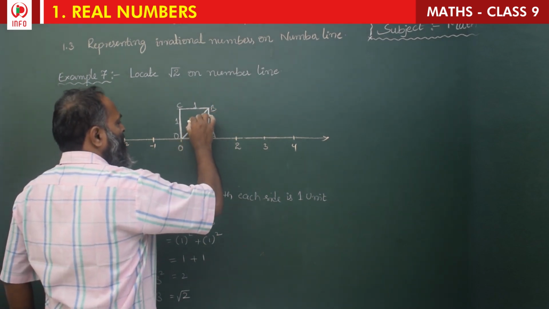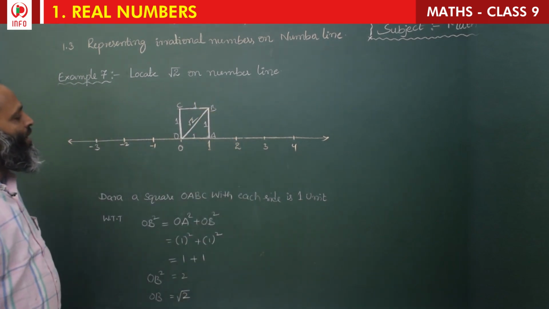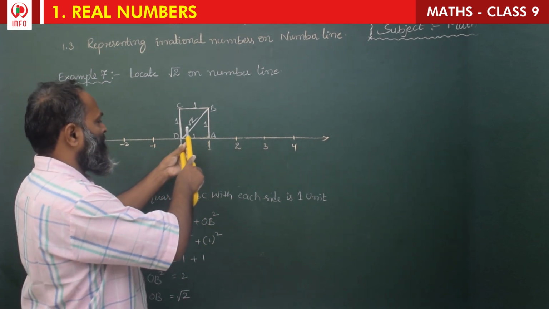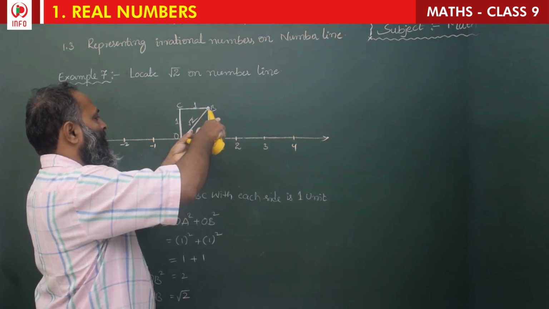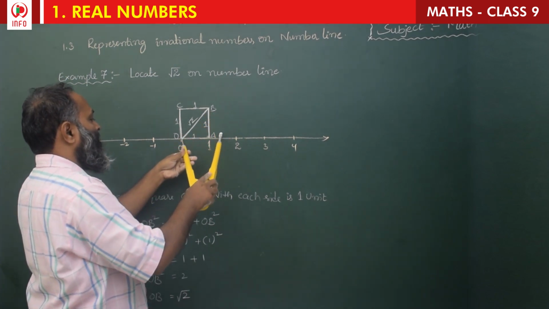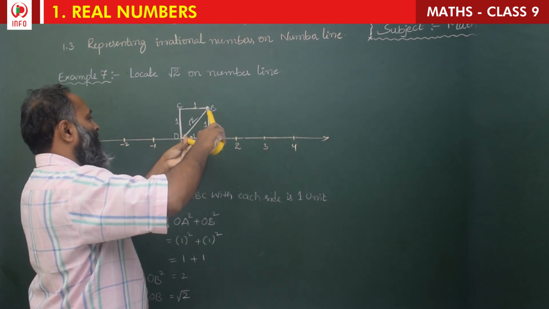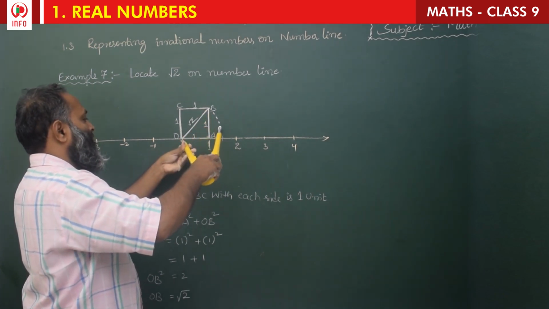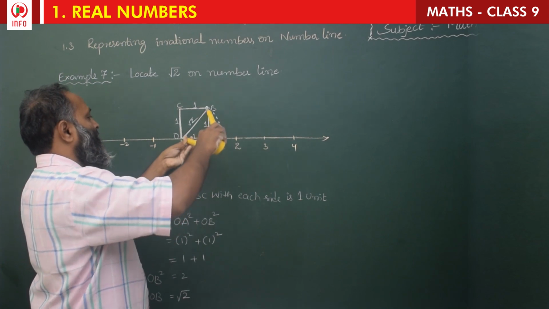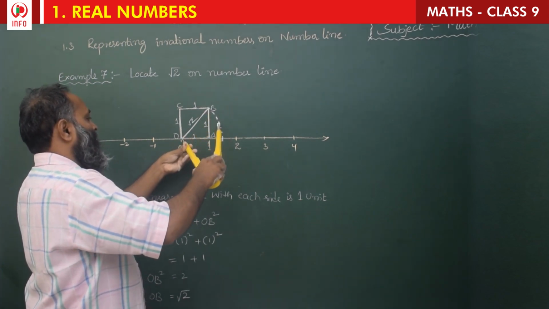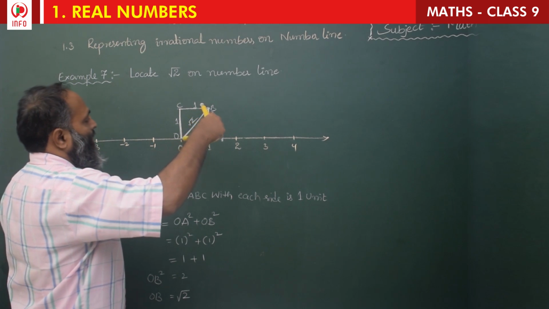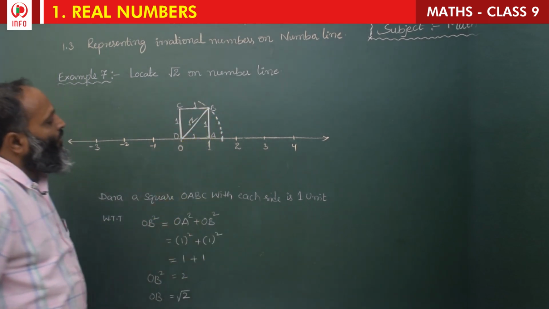What is the OB length? Root 2 units. So now you have root 2 units for OB. With O as a center and OB as a radius, draw an arc like this, where the arc cuts the line OA. This OB is the length of the arc.